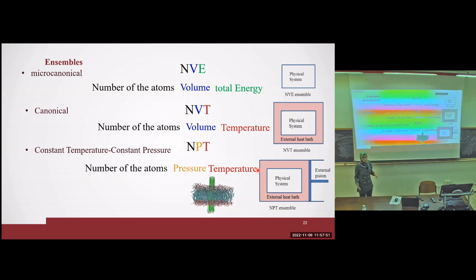Here the pressure and the temperature of the environment are fixed, so we have to run the simulation at constant pressure and constant temperature. This is, for example, an example. We have a membrane, and this is a nanotube that has been inserted into the membrane to transmit drugs. Because it's in the body, it has a fixed temperature and it has the internal pressure of the body.